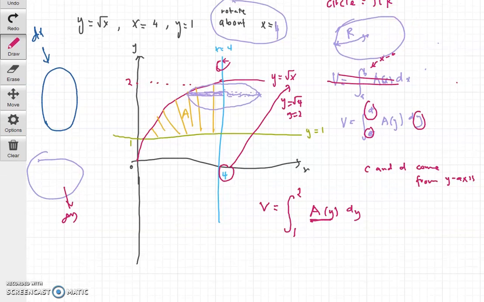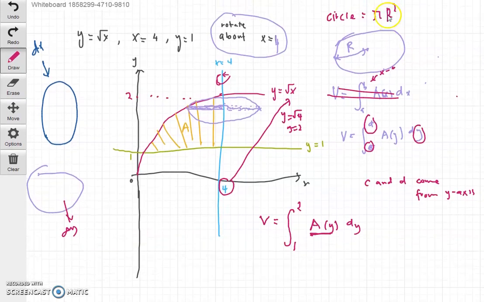So we are going to deal with the r squared here, which means we can write our integral as 1 to 2 of pi, and because this is in terms of y, r(y) to the power of 2.